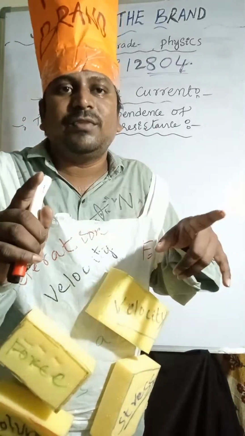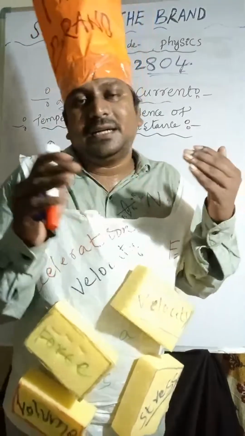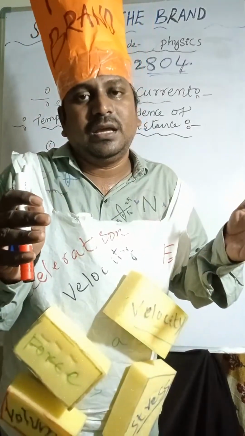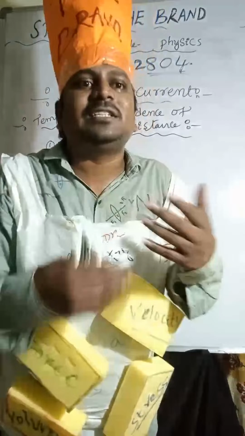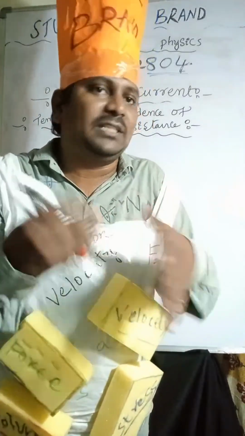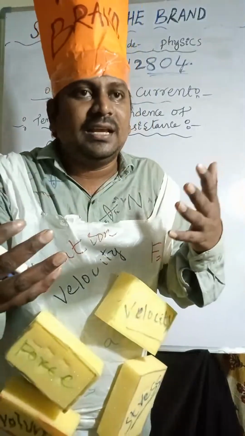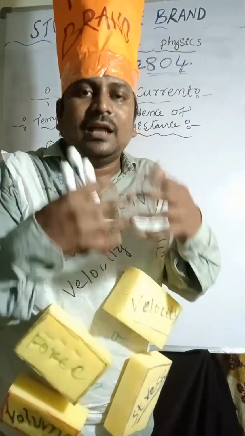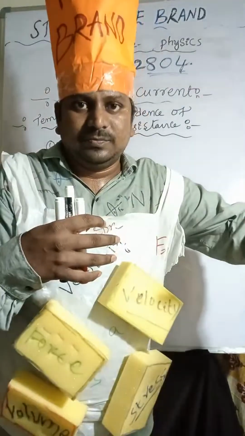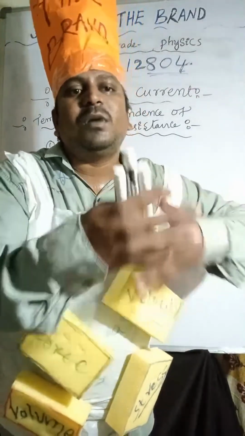Point number one. We know the drift velocity. What happens if velocity of electrons increases? They will move with greater amplitude, then electrons will collide with other electrons, and bombardment keeps on taking place.